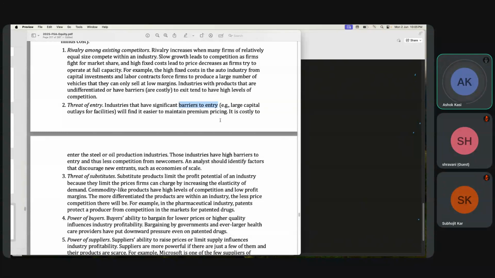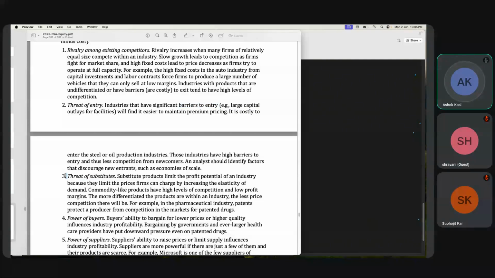Like for example, telecom company. Many licenses will be required, so it is not easy to enter into that kind of company, telecom company. So that will be barriers to enter. It will be because already monopoly is existing there, or government license is required, or huge capital required. So those are some sort of barriers to entry.